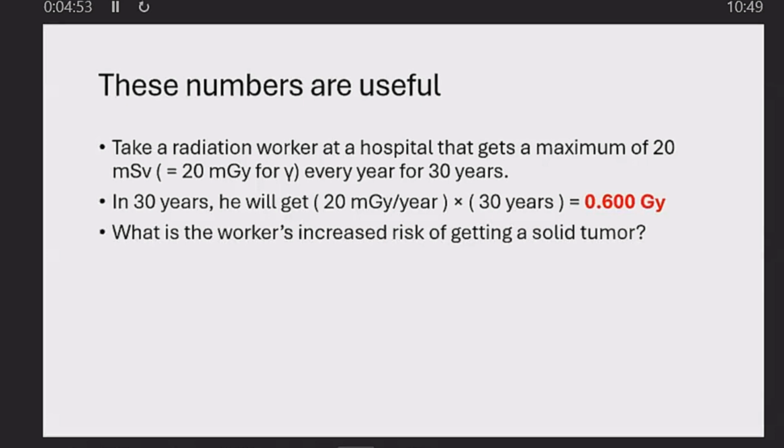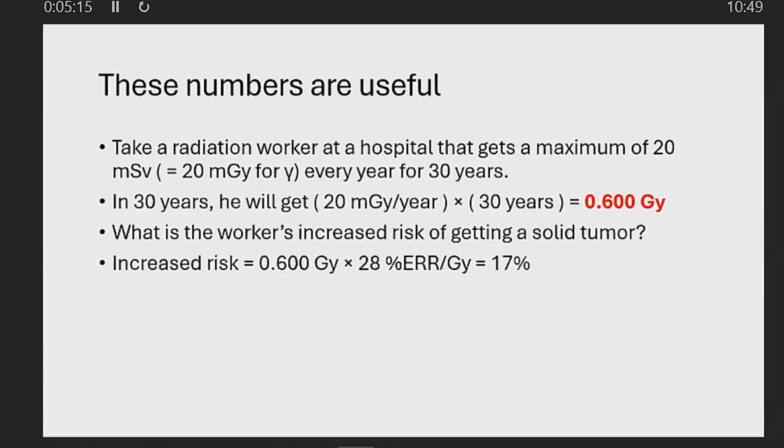What is the worker's increased risk of getting a solid tumor? And this is like the maximum case that is legally permissible. Still, if you're getting 20 millisieverts every year for 30 years, we should file a complaint or something like that. But it's possible.